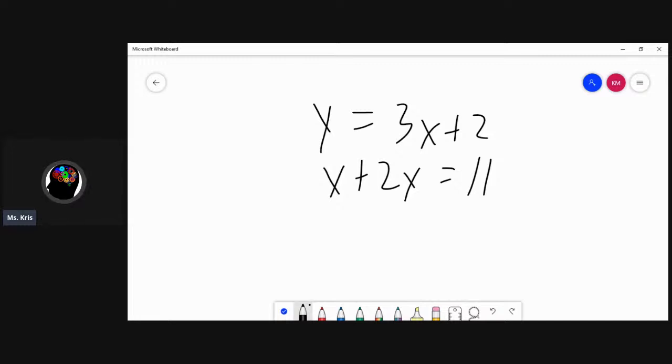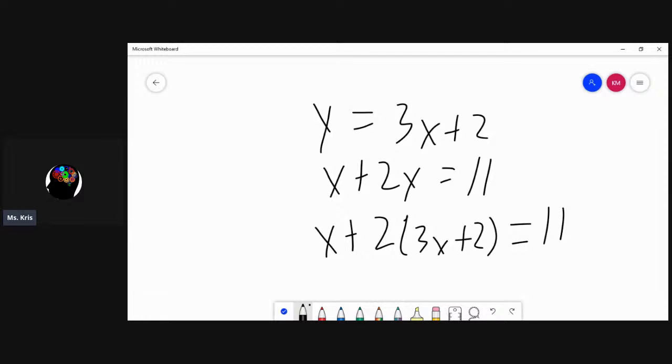Now, y equals 3x plus 2. So I'm going to take x plus 2y equals 11 to solve for x. To solve for x, I must first substitute y for 3x plus 2. So x plus 2, well, we know that 2 is being multiplied times y, so I would say 2 times (3x plus 2), and that equals 11.